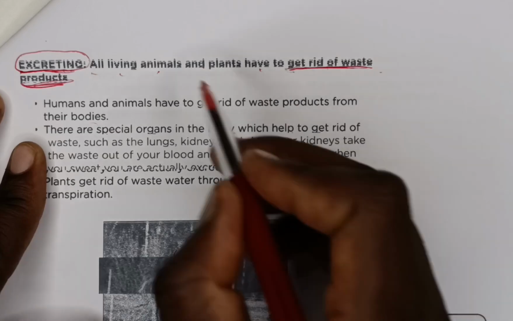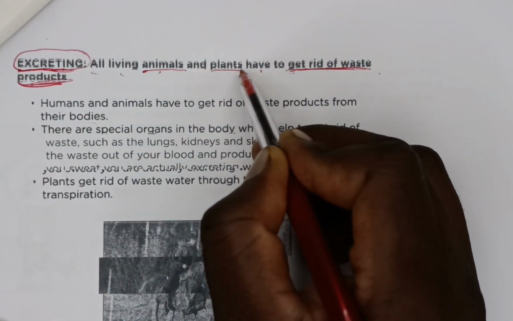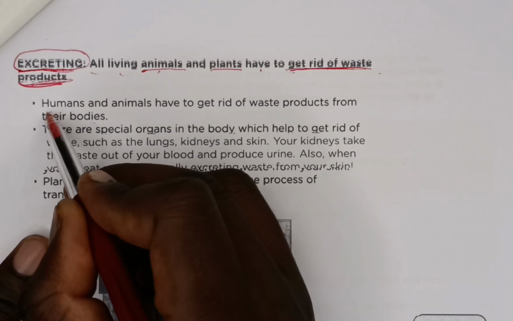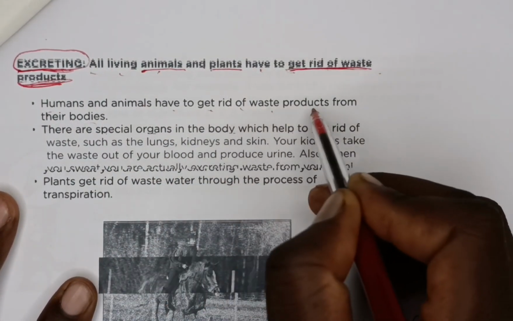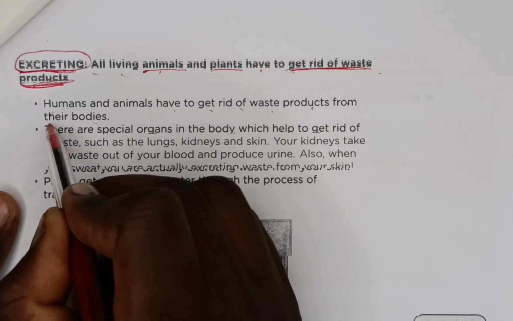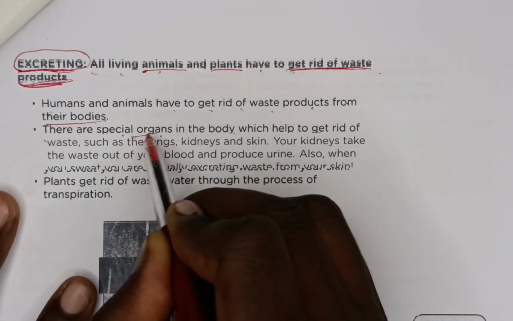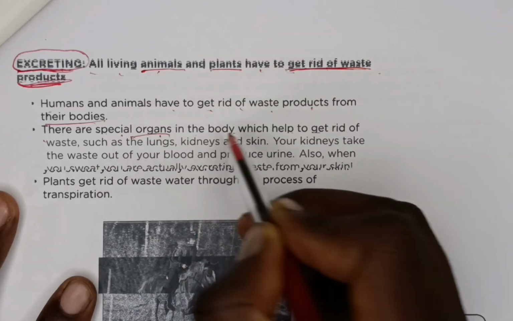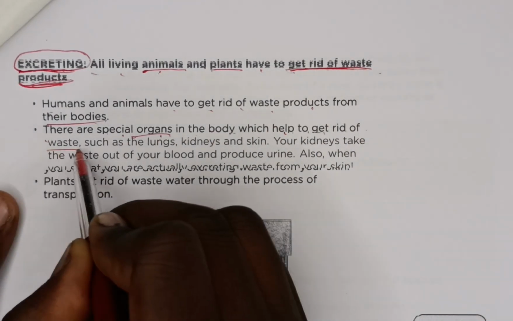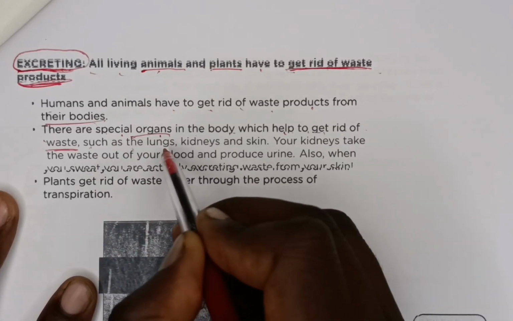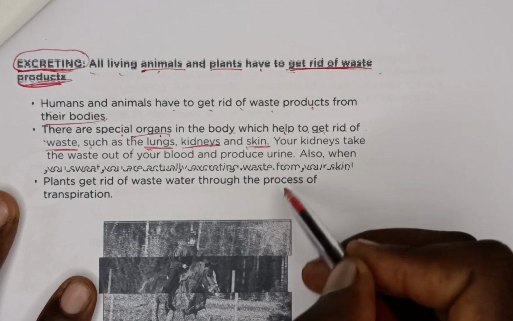So it happens to both animals and plants. Humans and animals have to get rid of waste products from their bodies. There are special organs in their body which help to get rid of waste product, such as the lungs, kidneys, and skin.